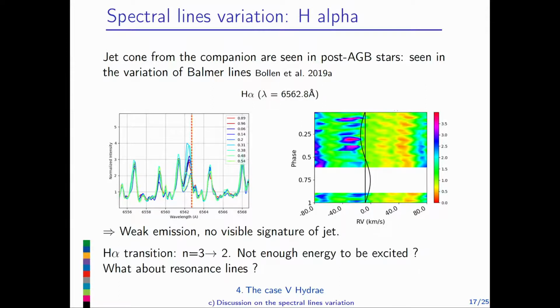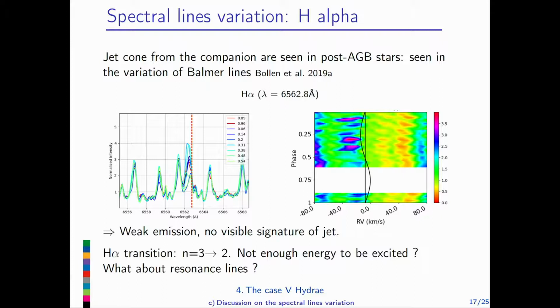But we can remember that the H alpha transition is a transition from the atomic number 3 to 2, so from one excited state to another excited state. So we need enough energy to see the H alpha transition. It's about, I think, 10 electron volts to go to this third excited state.